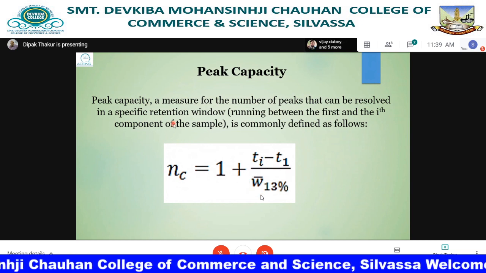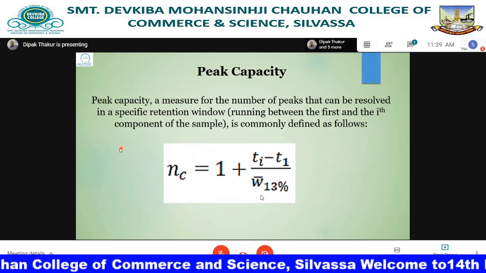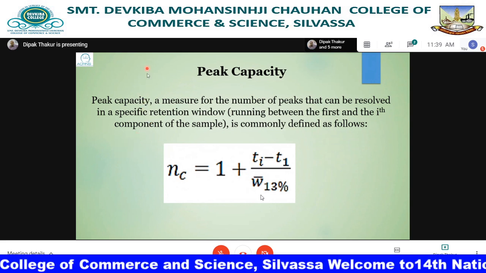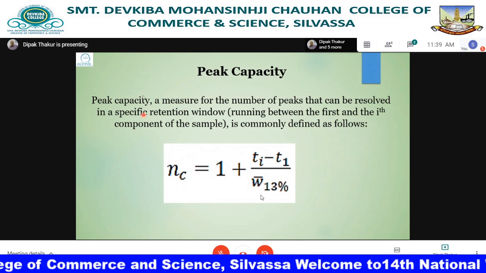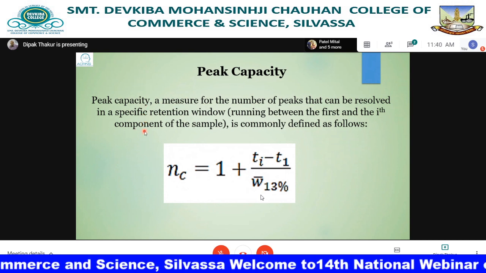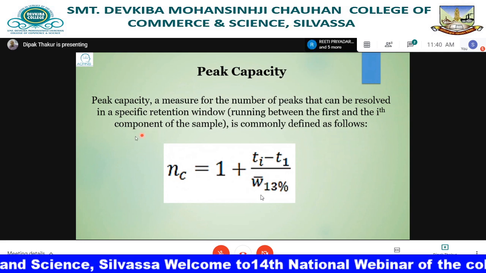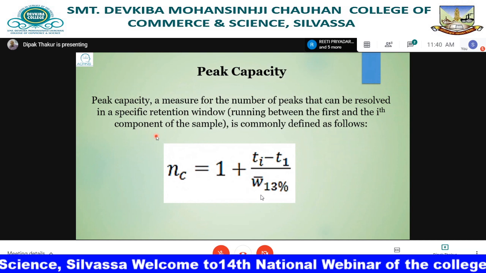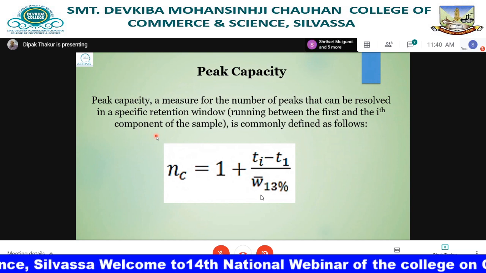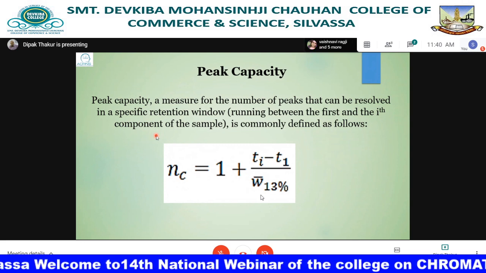If that's a peak, the total height of the peak is 100%. So from the bottom, at approximately 13% height, what is the width of the peak? If that is 1 minute, then in 90 minutes you have 90 peaks. That's a peak capacity of 90, right?